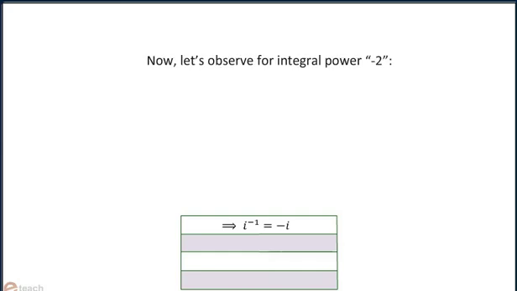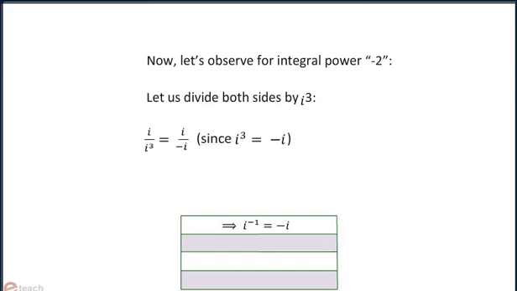Now, let us observe for integral power minus 2. Dividing both sides by iota cube, we get iota by iota cube equals iota by minus iota, since iota cube equals minus iota. This implies iota raised to the power minus 2 equals minus 1.